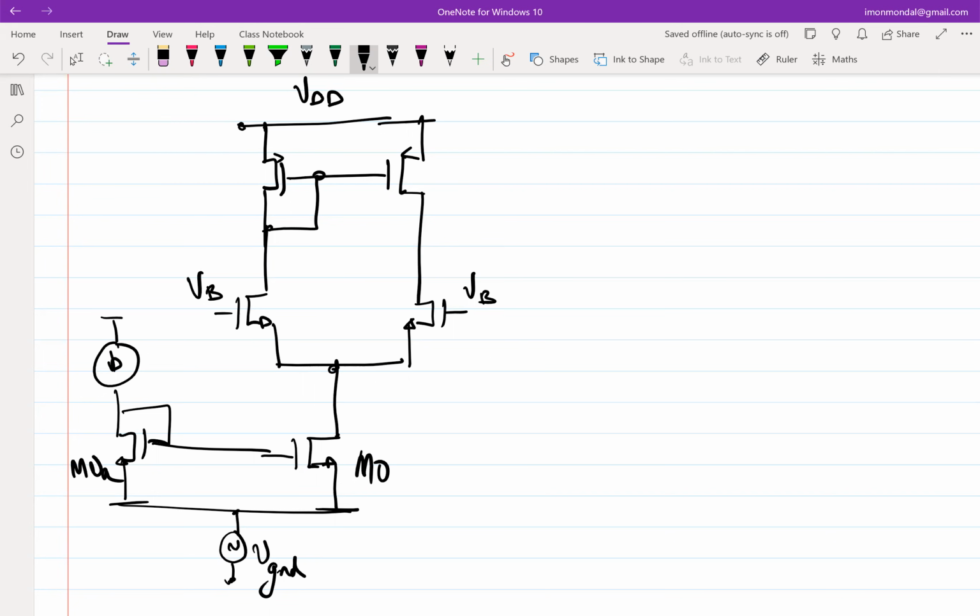Ideal current source, no current would have changed, nothing would have happened. So that is not a good enough model, right? Because you never have an ideal current source. So we have to use a realistic current source with all the realistic non-idealities for M naught. Okay, so this will be GDS 0.